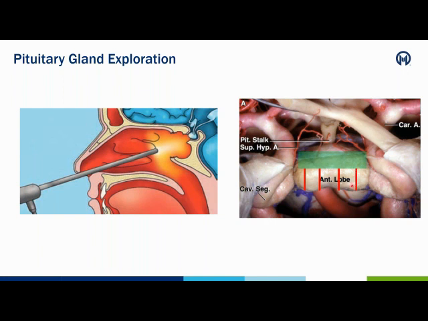A lot of times we'll find softer tissue as compared to the normal gland tissue, and that is very satisfying when that happens, when you have completely negative imaging and we do find something in the pituitary gland during the surgery.